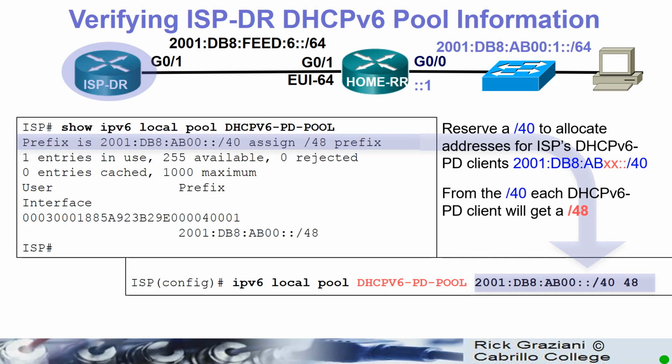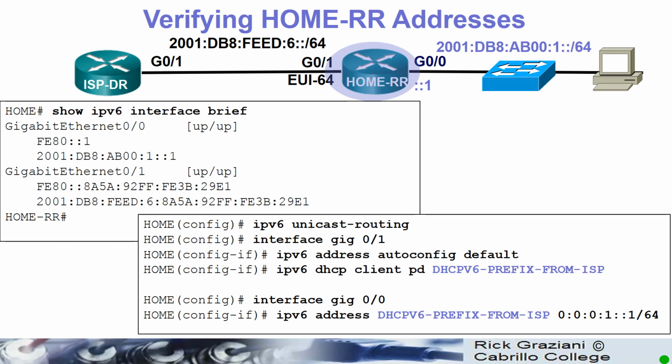Understanding how the reserve of that /40 works. Understand the entries for them. Understand that you have to make sure you have unicast routing turned on for IPv6. Making sure you understand the prefix from the ISP commands so that once we get them, we can plug in the appropriate options.